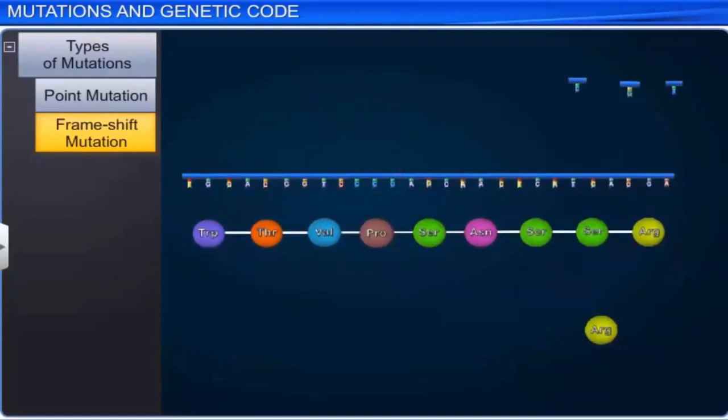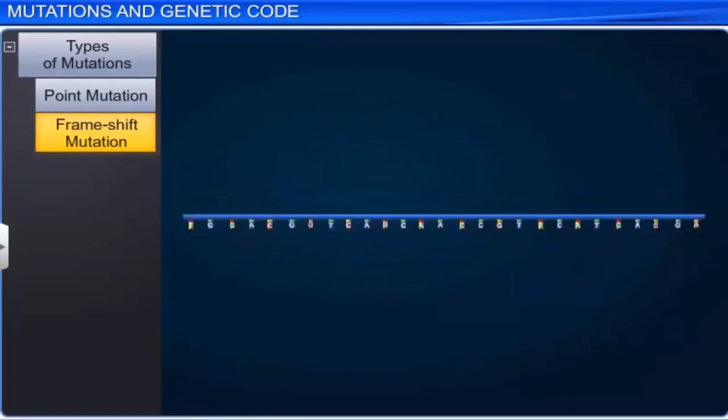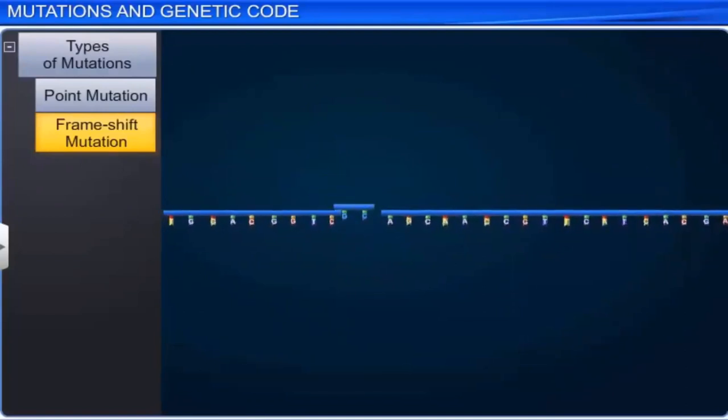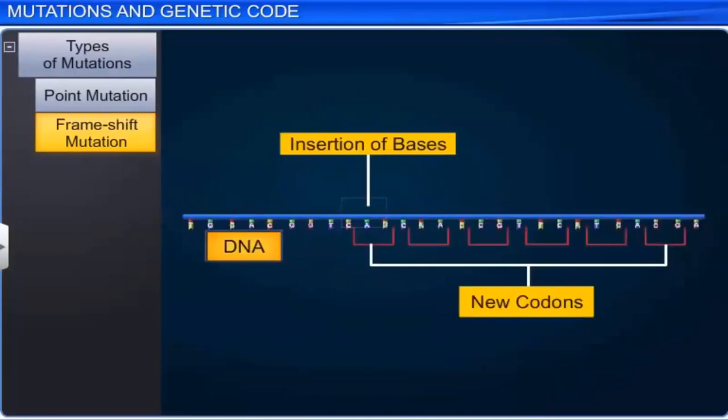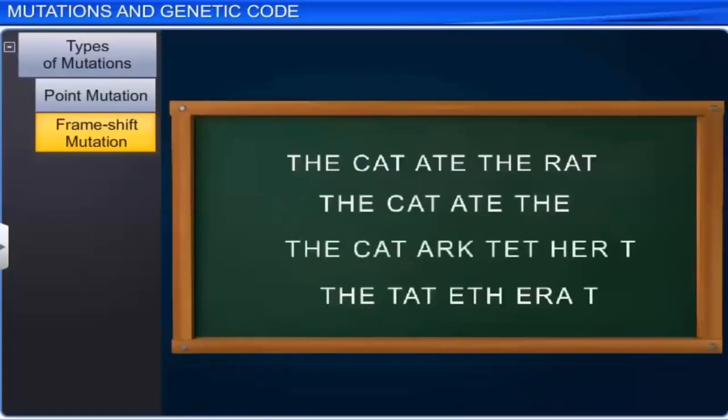This in turn will result in the creation or deletion of an amino acid. Interestingly, frame-shift insertion or deletion of one or more bases changes the reading frame only from the point of insertion or deletion. This point is clear when we compare the original statement with the statements that represent the mutation.